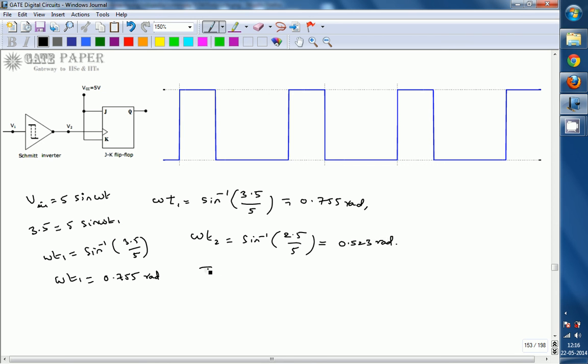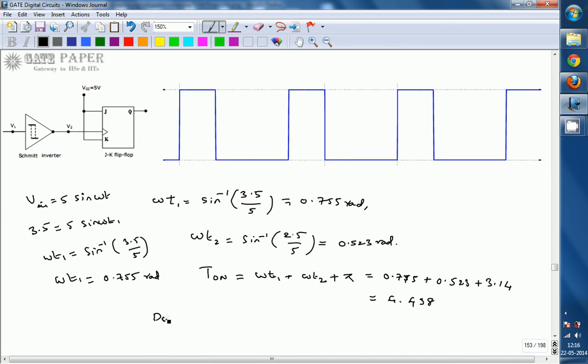So T on is equal to omega T1 plus omega T2 plus pi, that is 0.755 plus 0.523 plus 3.14. The total is 4.438, that is T on.